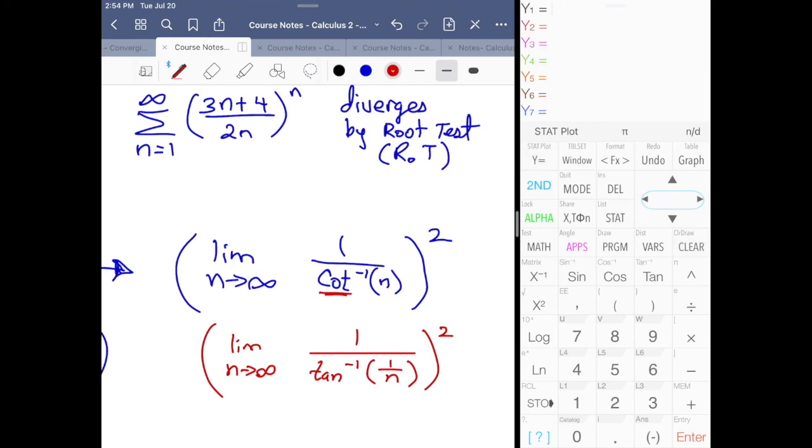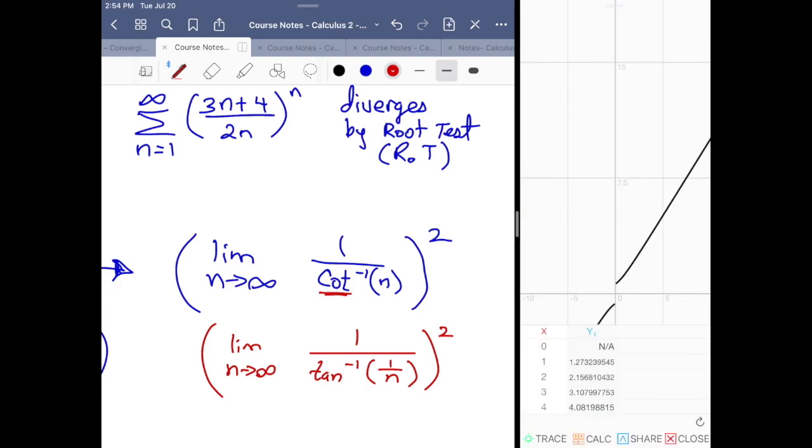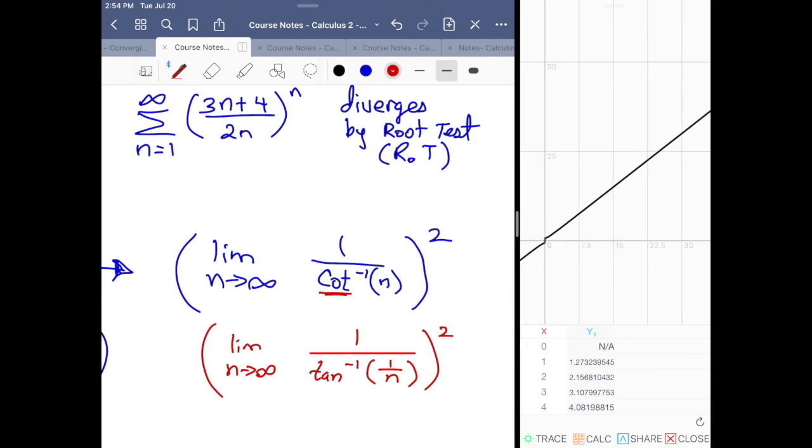But if we're using a TI, or this emulator of a TI, we need some way to get it in terms of sines, cosines, and tangents. So 1 divided by inverse tangent of 1 over n, so 1 over x. And I want to see how that goes as I get out to infinity.